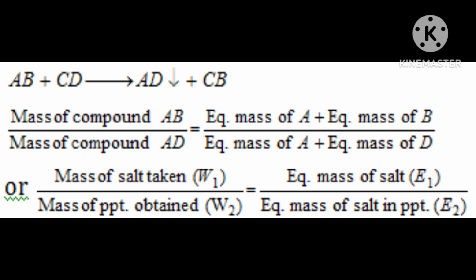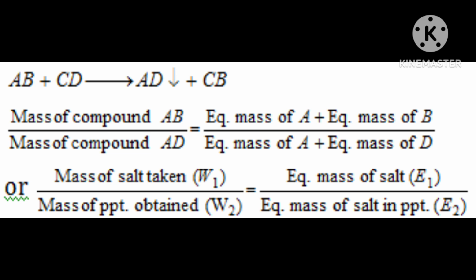Now next, the fifth one, is the double decomposition method. For a reaction of the type, suppose AB plus CD reacts and forms AD plus BC.